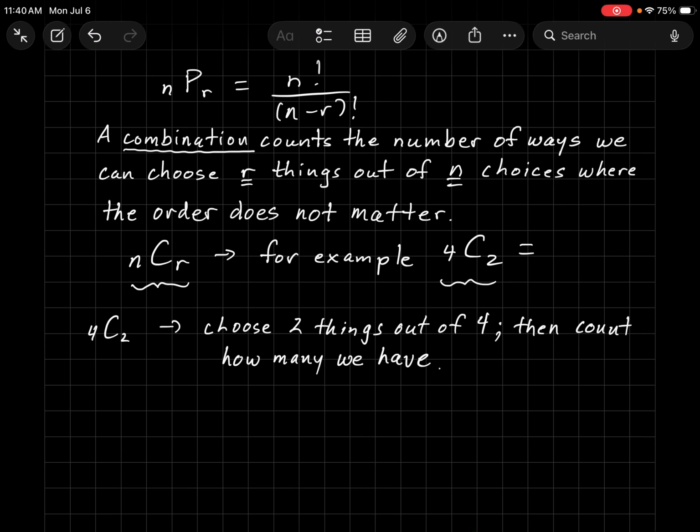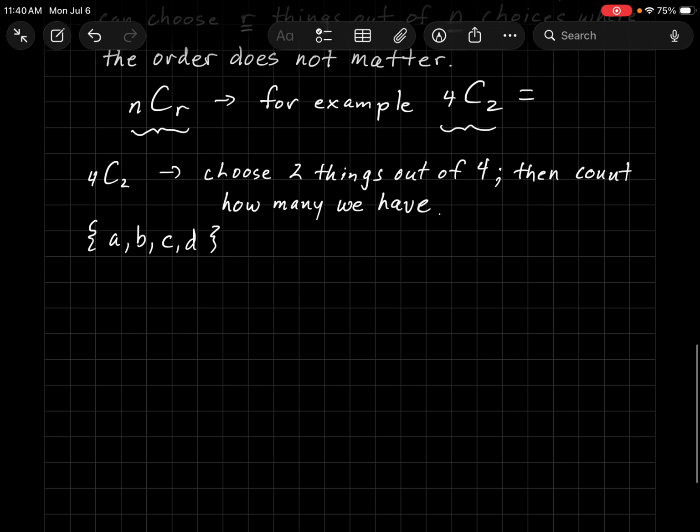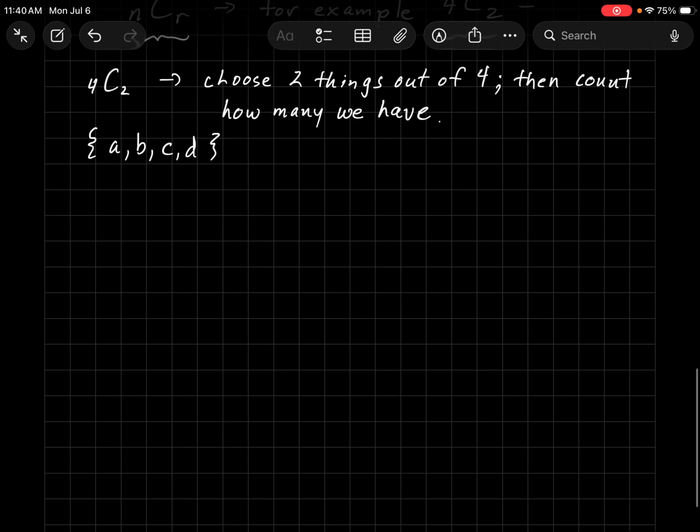So let's actually do something where we have 4 things. Let's have the set A, B, C, and D. And we want to choose 2 out of the 4. Well, we could have AB, we could have AC, we could have AD, we could have BC or BD, or we could have CD.